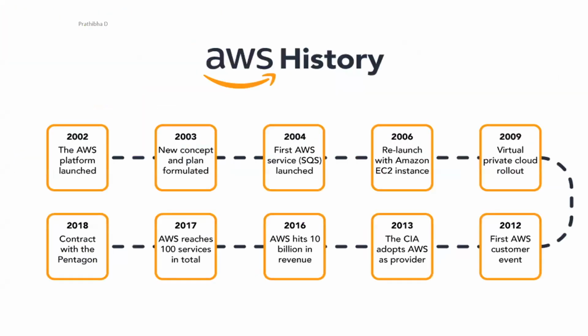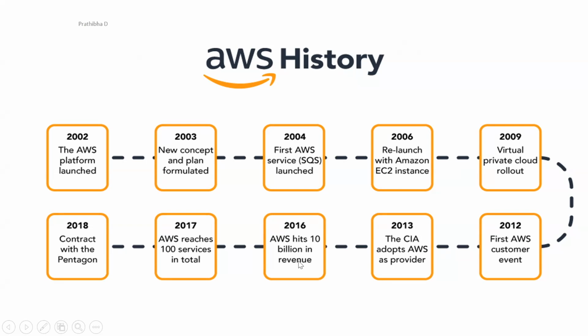If you see the history of AWS, you can see when it was launched. It was launched in 2002, and every year it kept adding new services. In 2004, SQS was launched, and the virtual instance called EC2 was launched.